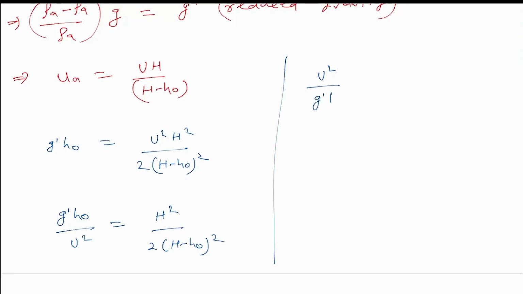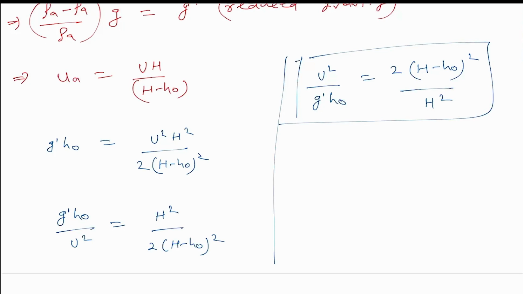So this becomes U square over g prime H naught is equal to 2 times H minus H naught square over H square. Okay, the equation that we have derived here is the energy flux balance. Okay, let's call it equation D.